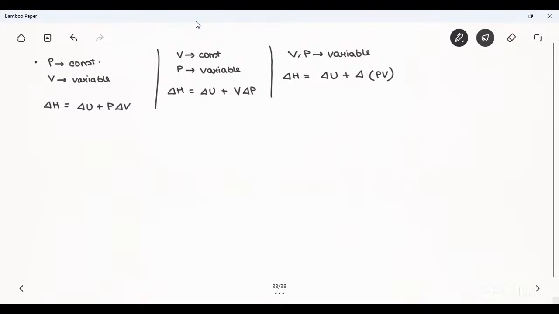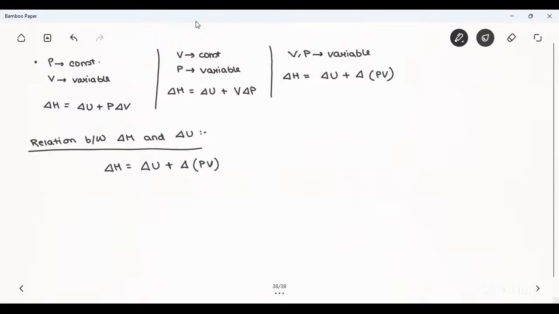Now we will be writing the relation between delta H and delta U. Let's suppose both are variable: delta H is equal to delta U plus delta of PV.